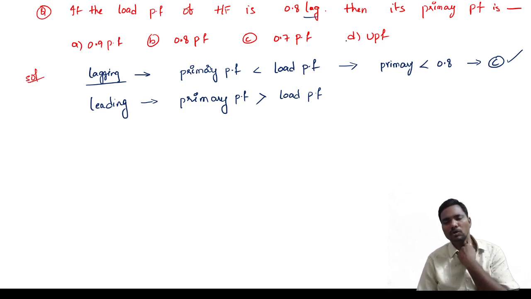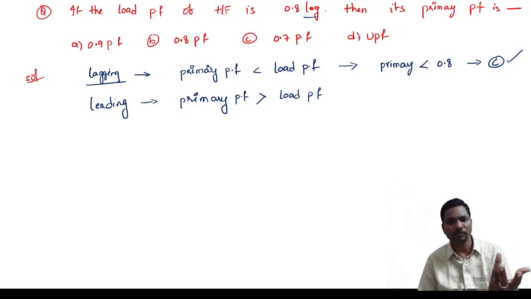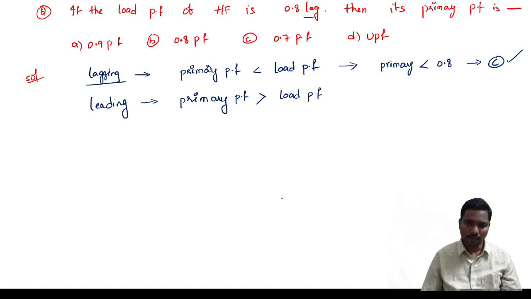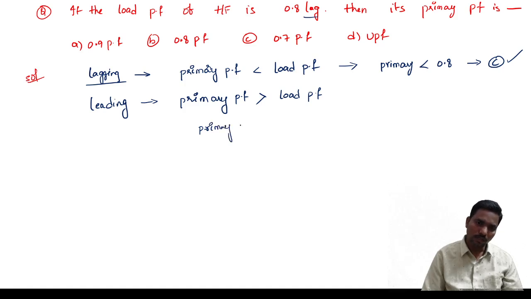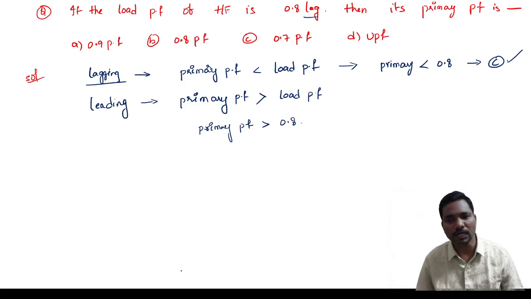But if they want to give a leading power factor, they may not give UPF; maybe they will use 0.9 power factor only. So in this case, primary power factor is greater than 0.8. In this way we can easily give the answers.